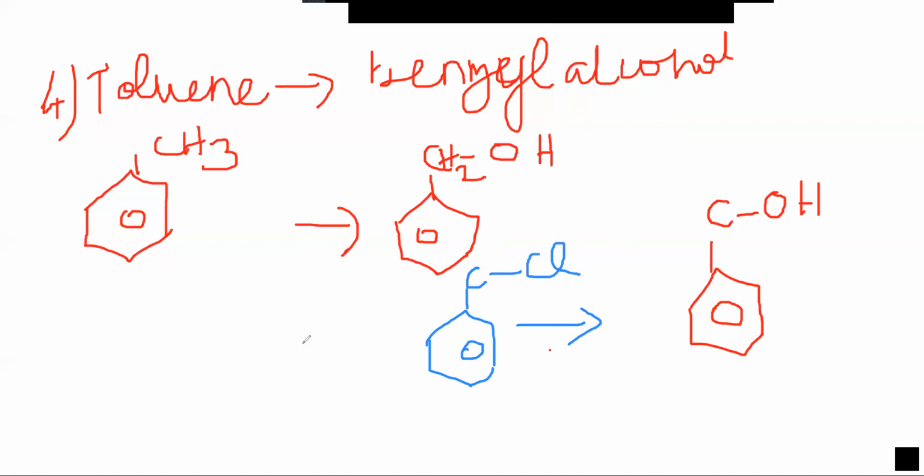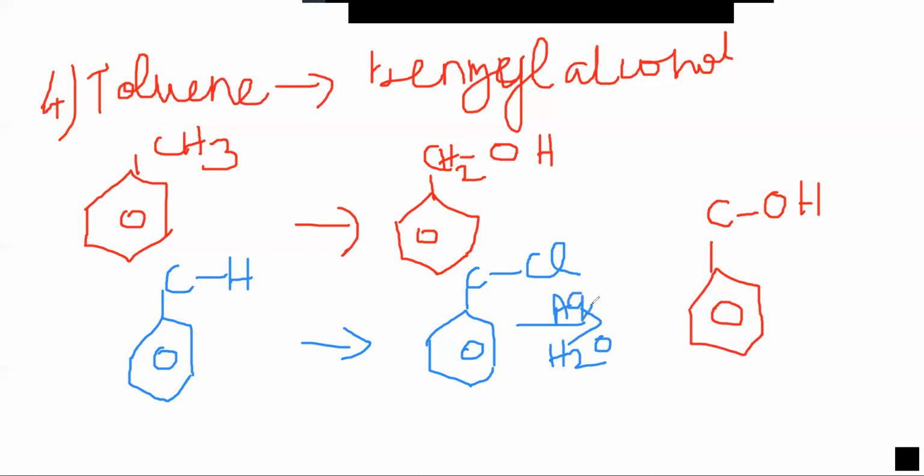And then where would this C-Cl bond have come from? Instead of a C-H bond, 1 chlorine would have substituted for 1 hydrogen. Instead of Cl, OH gets substituted. When you use water, hydrolysis using NaOH, you have OH. So this is aqueous NaOH or aqueous KOH. Anything you can write, in aqueous form.